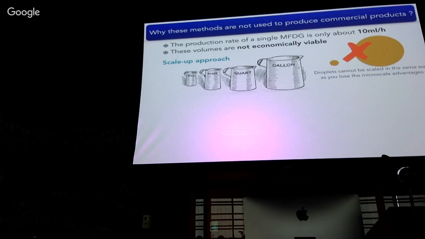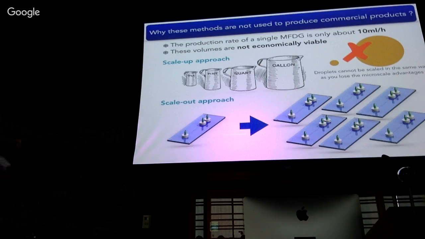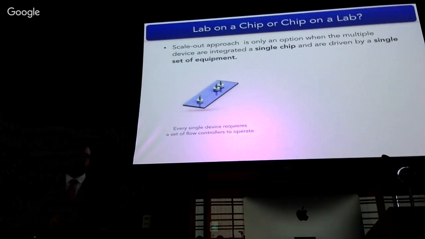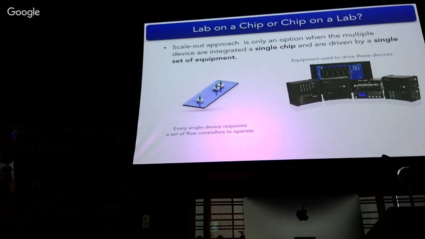miniaturization. So what you have to do is a scale-out approach, in which you go from a single droplet generator to running several of these in parallel. But this is only a good option if you can integrate these many devices in a single chip. This is because a device like this requires some equipment to be run efficiently.